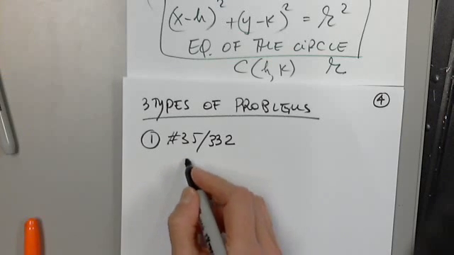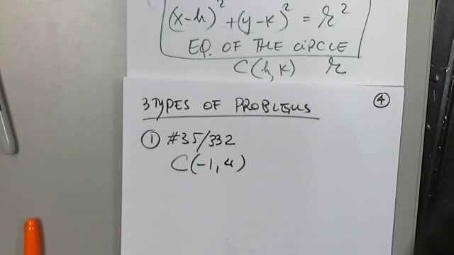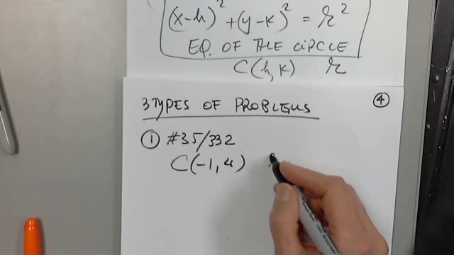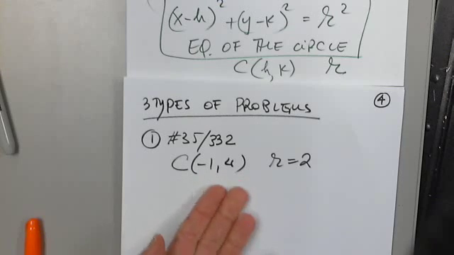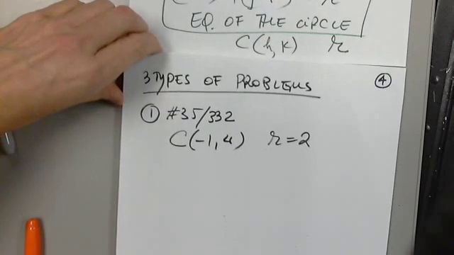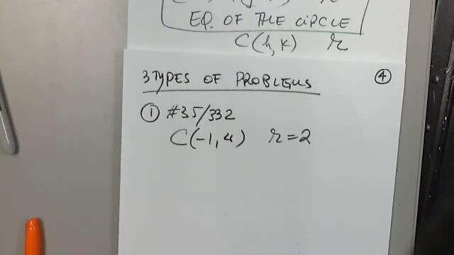The center is given to us as -1, 4, and the radius is given to us as 2. They're asking us to create the equation of the circle whose center is -1, 4, and radius is 2. What do you think we should do?